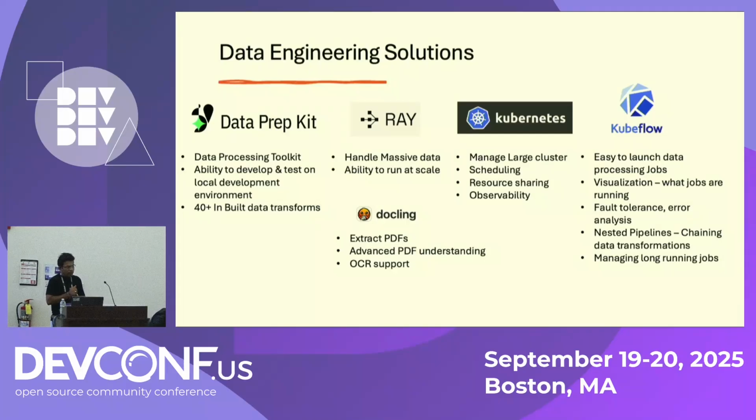So the first tool or solution we use is Data Prep Kit. Data Prep Kit is a data processing toolkit. It has around 40 plus data transformations. For example, there is a transform available for removing duplicates. There are transforms available for removing hate, abuse, and profanity.